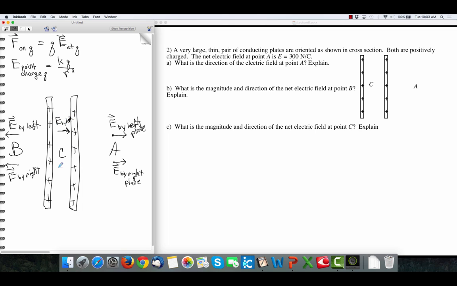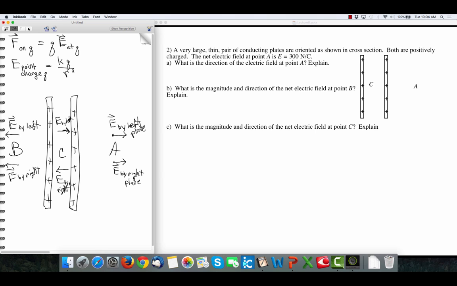Direction of the electric field by the right plate? To the left, because you're to the left of the plate on the right. Magnitude of those two? They're each 150 newtons per Coulomb.